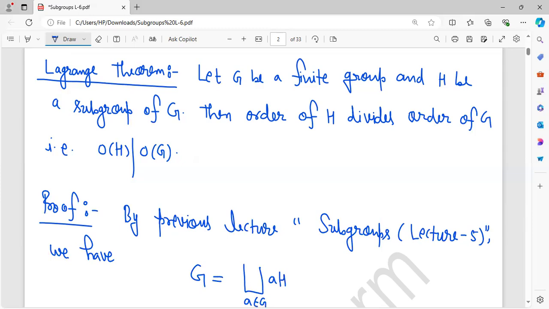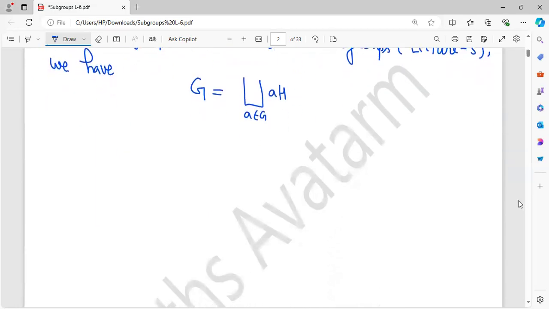Or you can take the disjoint union of right cosets. The same proof will be followed.